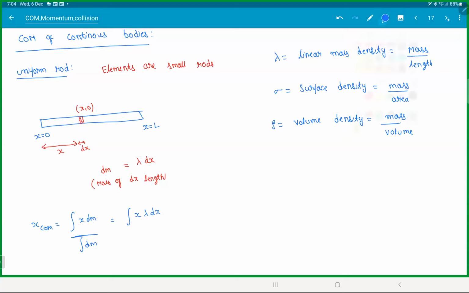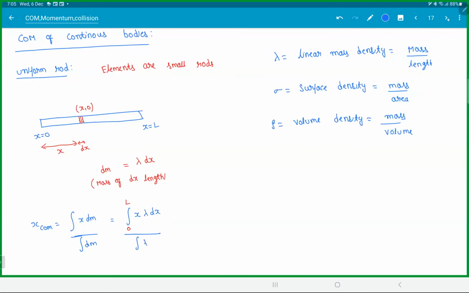What about the limits? Try to understand the meaning of limits. When I say x is equal to 0, you're talking about this particle. When I say x is equal to L by 2, you're talking about the particle in the middle. X is equal to L, you're talking about the particle on the edge. So when x goes from 0 to L, you're covering the entire rod. That is the meaning of taking limits.